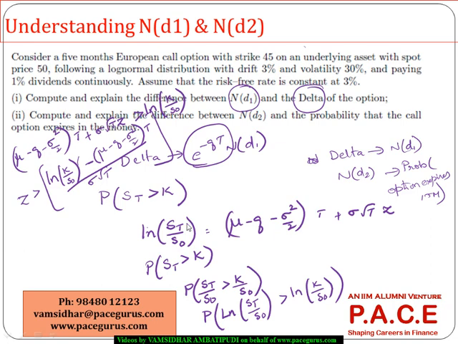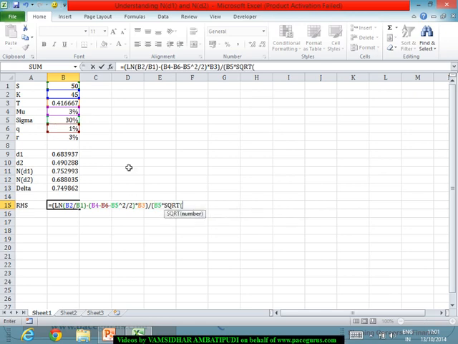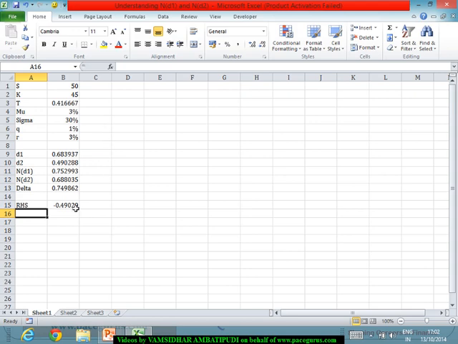So in this case, log(K/S0) minus (mu minus Q minus sigma squared by 2) times T, divided by sigma root T. So the RHS is completely minus 0.49.